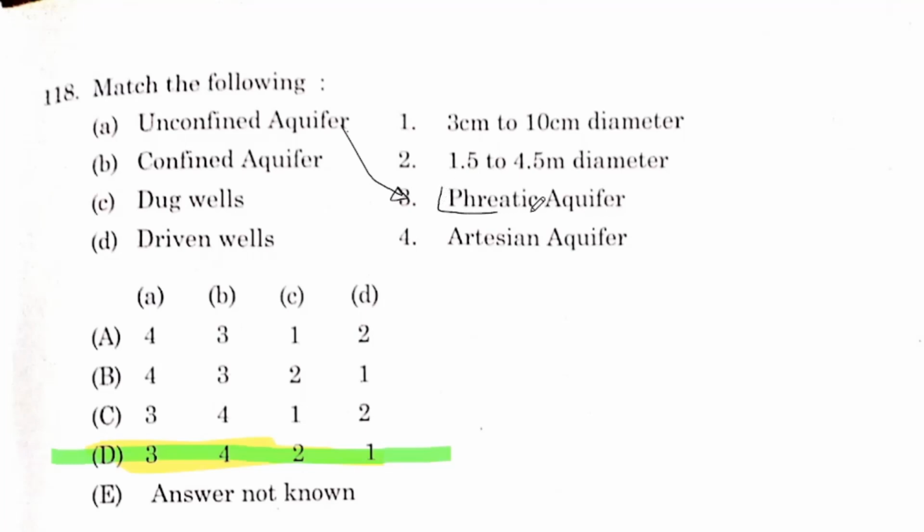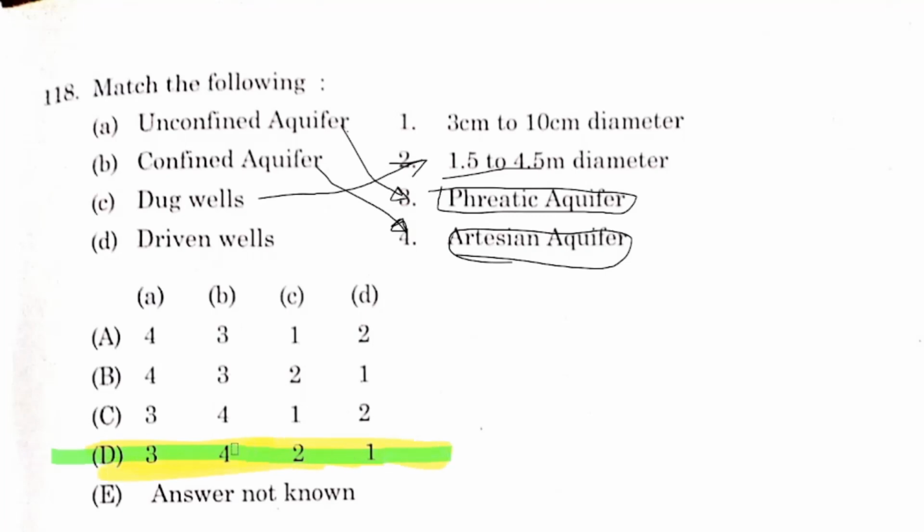This means phreatic aquifer is also known as unconfined aquifer, and confined aquifer is artesian aquifer. Dug well has a diameter of 1.5 to 4.5. So if we match this, it is option number D.